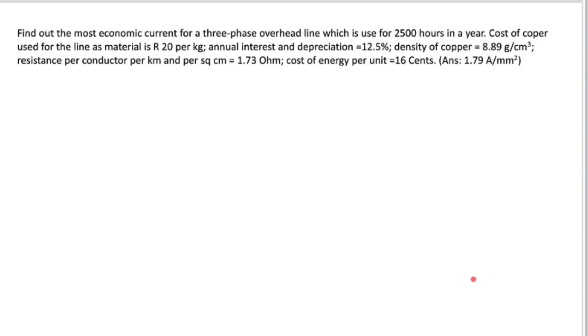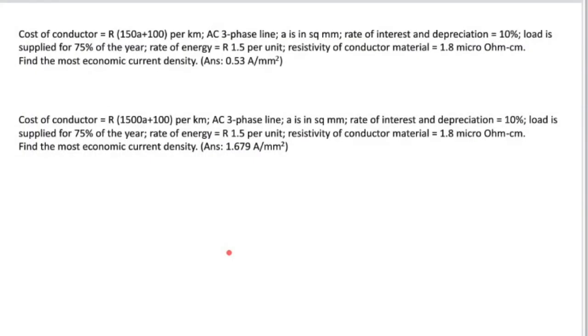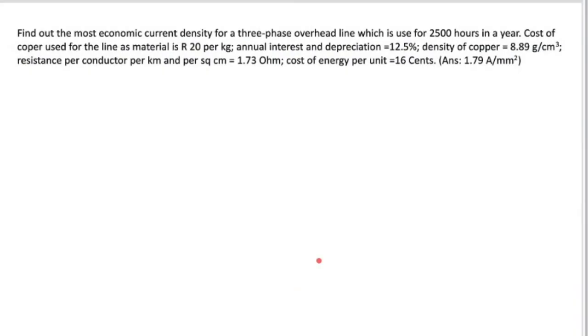So read this question for a minute quickly. The most economic current density for a three-phase overhead line, which is in use for 2,500 hours.